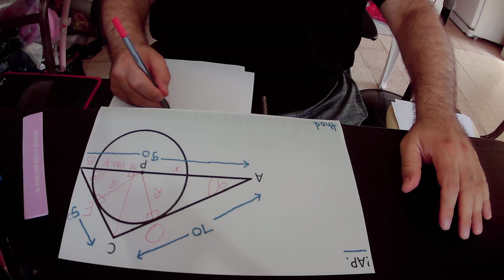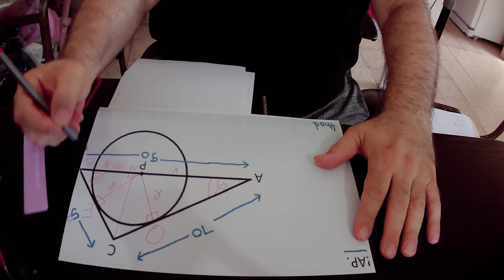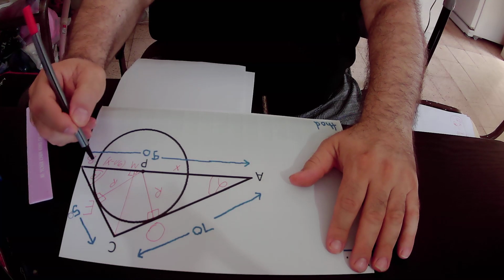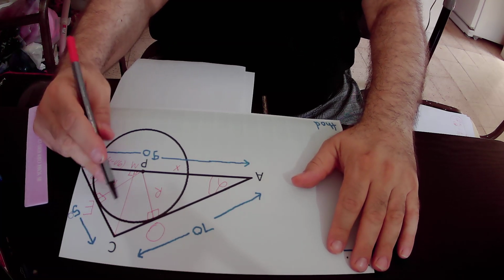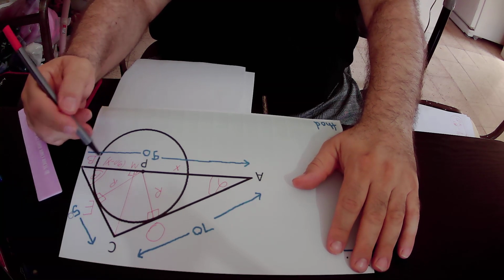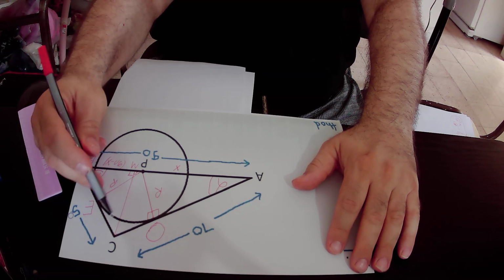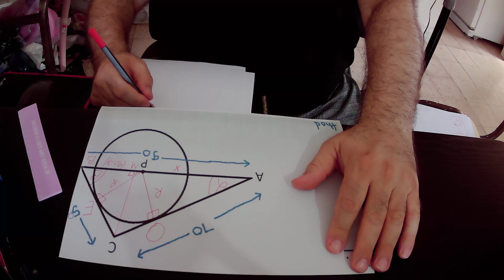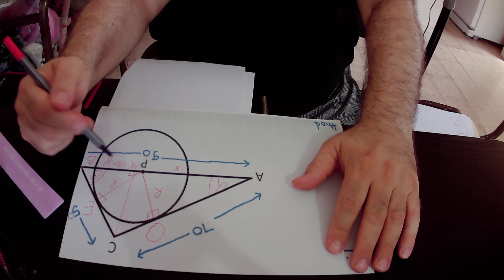Okay, now we will focus on the right triangle CMB, and sine beta in the right triangle CMB equals the ratio between the side that is in front of angle beta, which is CM, divided by the hypotenuse of the right triangle CMB.